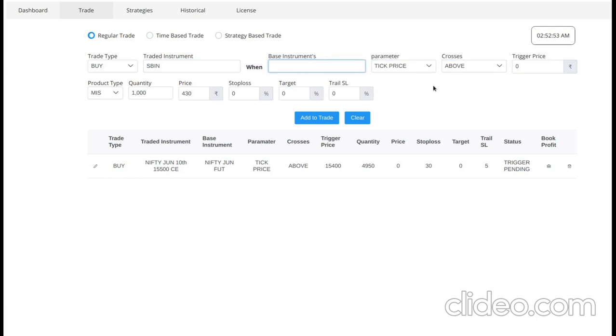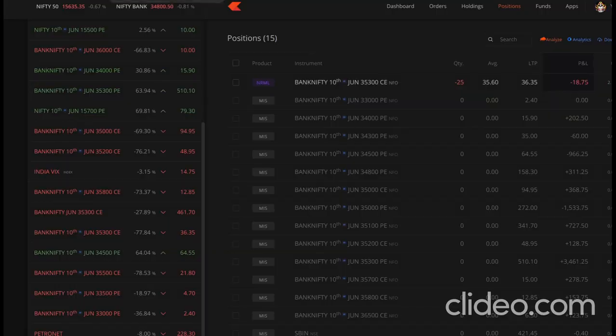So basically you can trade Nifty options or any options based on the value or the conditions of another underlying instrument. Okay, so let's take a look why we think this is a very important feature.